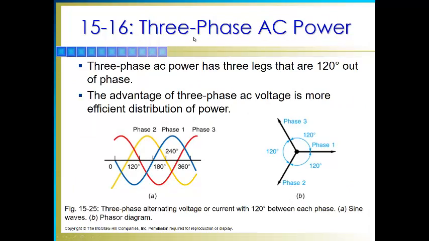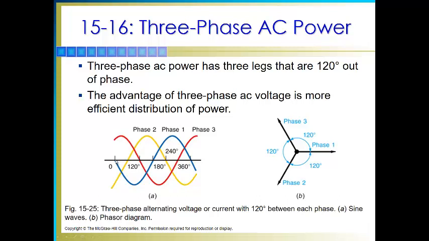Now, this is very important: the three-phase AC power. Three-phase AC power has three legs that are 120 degrees out of phase. Out of phase means that they don't go through zero and their maximums at the same time. See, all three of these waves go through zero at different times.